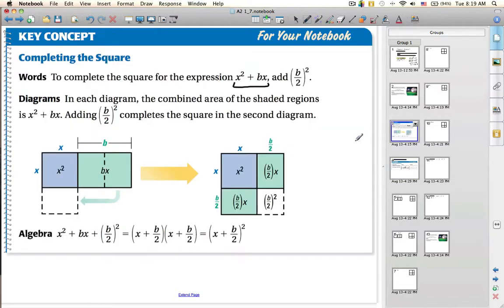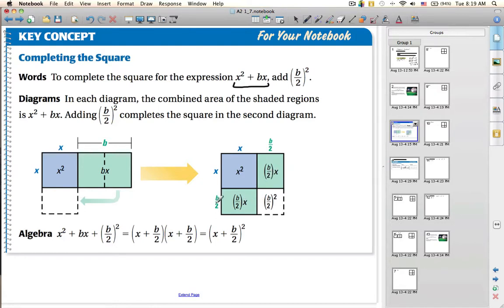So how do I find that? If I have x squared plus b times x, that could be modeled here. See, it's x times x, and this area here is b times x. If I split this in half and move it over here, you see I've made almost all of a square.